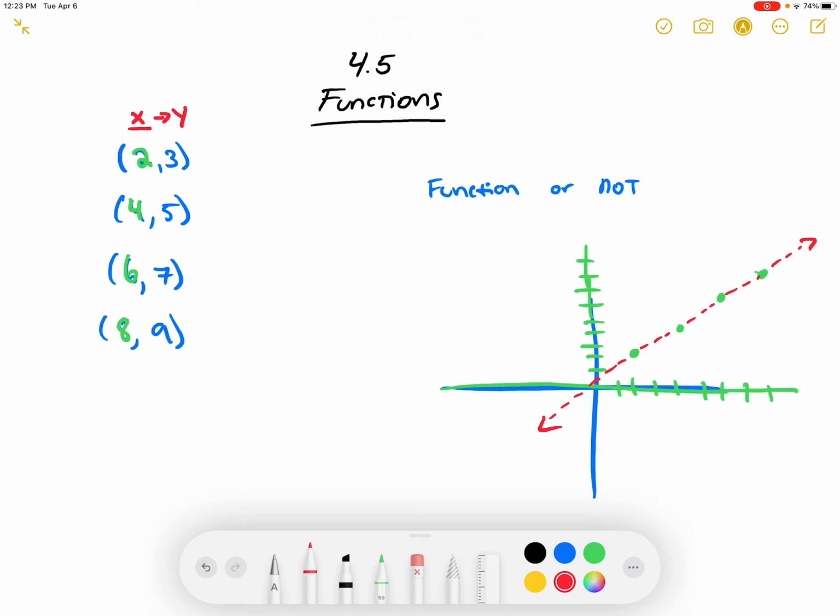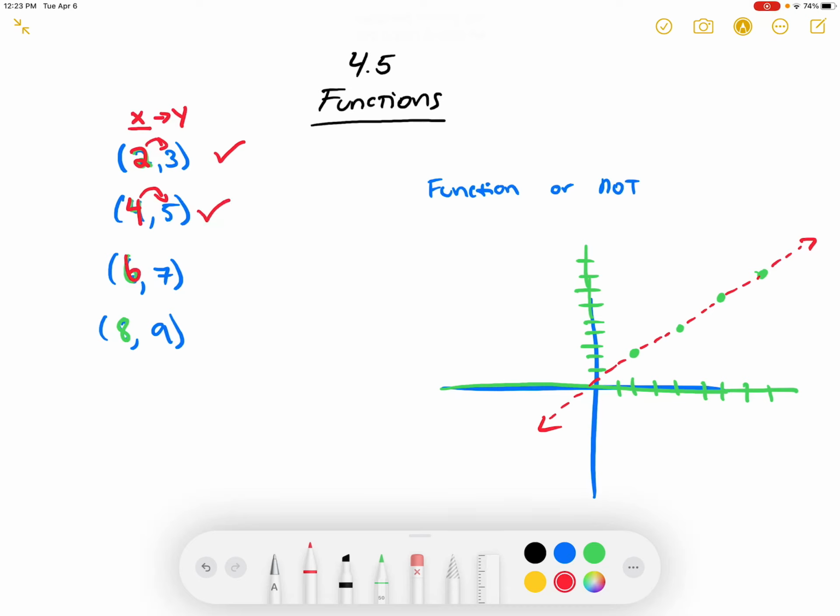So what do I mean? Here, the x of 2 goes only to the y value 3, right? So far, so good. There's no repeating x's. The x of 4 goes to the y value of 5. There are no repeating x's.